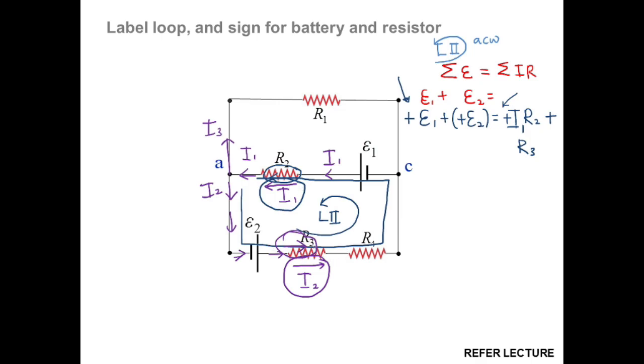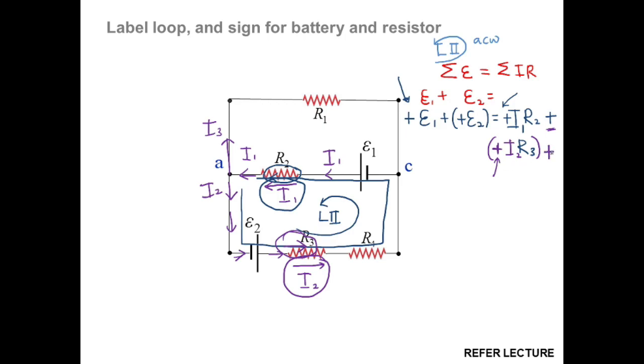So at R3, the loop is toward the right, same as I2, so our I2 will be positive. The addition here is due to the summation, and the positive symbol is due to the sign convention that we assign to this current.